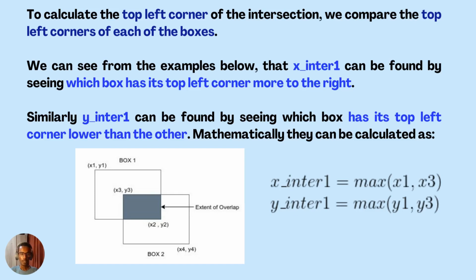So we're just considering the top left corners for now in order to figure out the top left corner of the overlapping region, and we have to use the maximum function in order to figure out the coordinates.